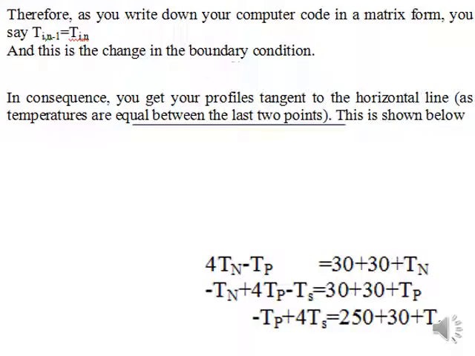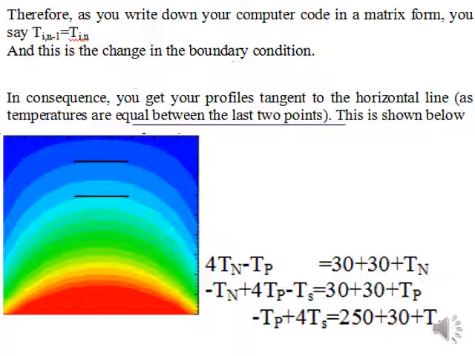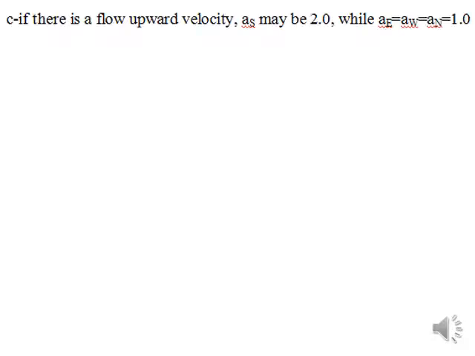So in consequence, you will get your profiles in a gentle way, so that your pattern will be tangent to the horizontal lines, so that you have the zero gradient of change along the horizontal directions, because that's the way of making the symmetrical solution, that there is nothing to accumulate on the intermediate positions of these lines. So this is the way that we did the two ending points, and in consequence the third one became equal.